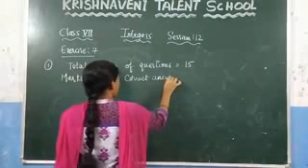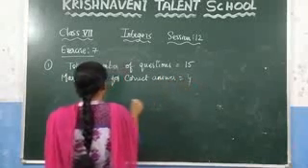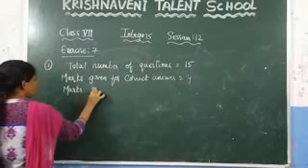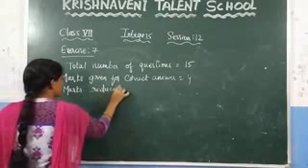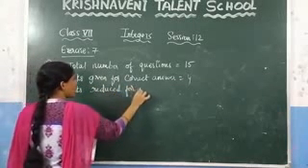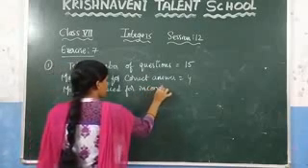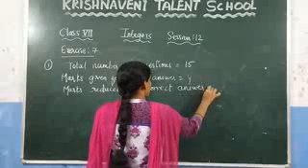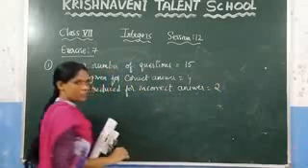How many marks are they giving for the correct answer, which is 4. Marks reduced for the incorrect answer. How many marks are they reducing here? 2 marks they are reducing here.